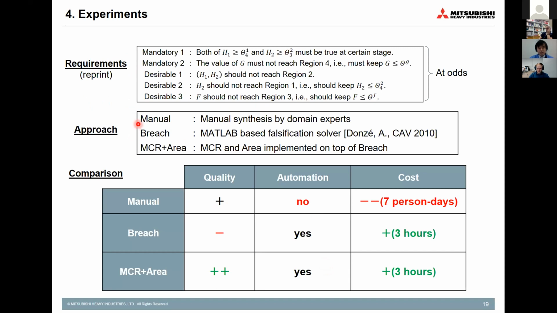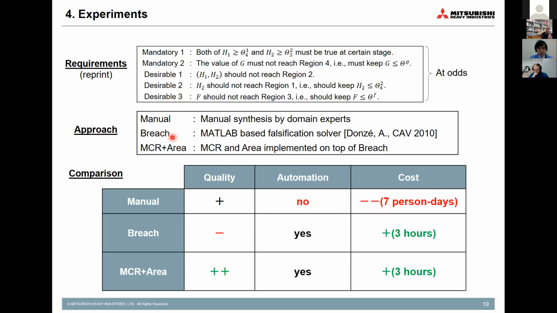First baseline is manual. It represents manual synthesis by domain experts. Machine support is limited to simulation. Observing performance and adapting parameters were done manually with experts' domain knowledge. As we show in the simulation result on the next page, the quality of this approach is acceptable, but it takes much longer time, 7 person days.